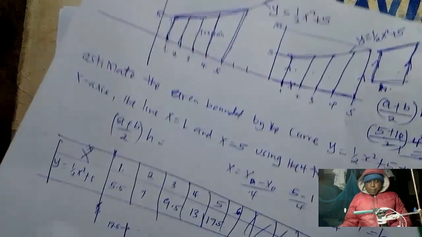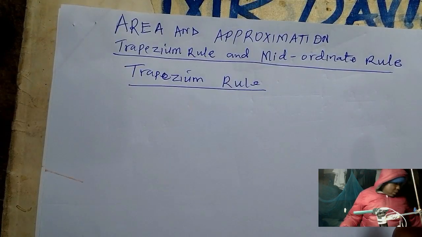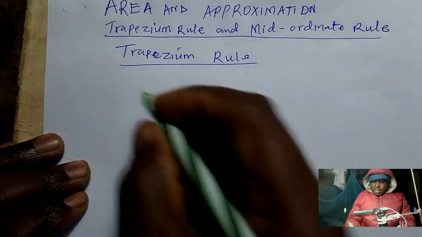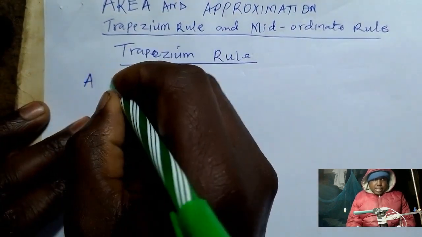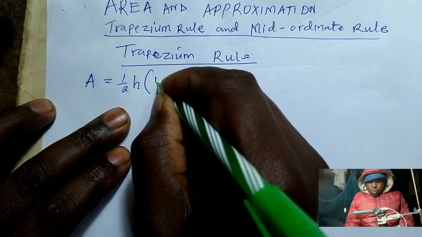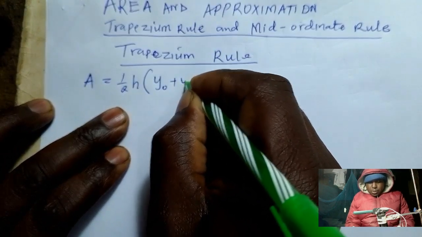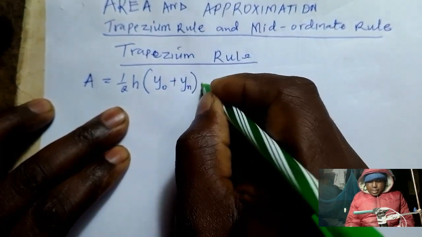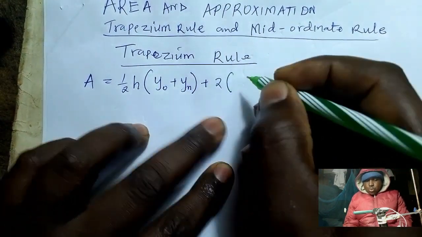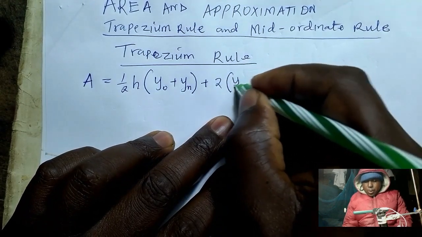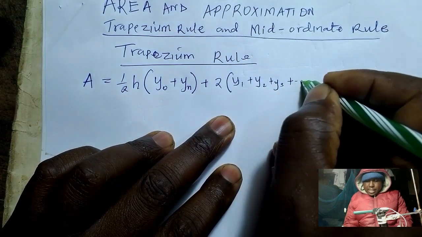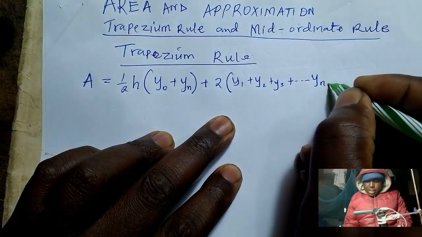So let us look at the trapezium rule now. How does the trapezium rule state? The area using the trapezium rule is equal to a half h into (y naught plus yn), you close the bracket, plus 2 into (y1 plus y2 plus y3 plus, up to y is equal to n minus 1).